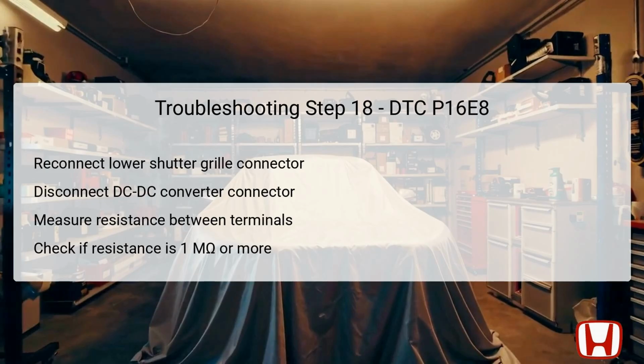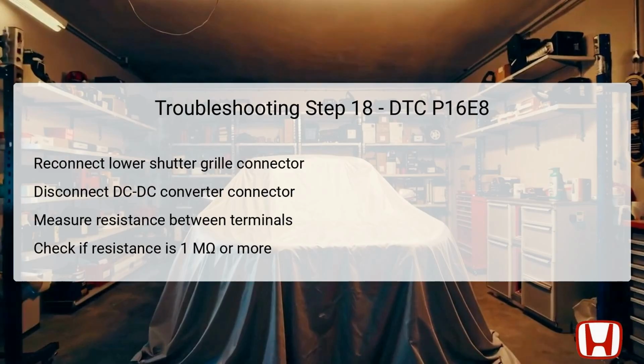At step 18, attention is redirected to the lower shutter grille after a reconnection of its 4P connector. The focus now involves disconnecting the DC-DC converter connector A for further resistance evaluation. Assessing the resistance between terminal number 1 of the converter and body ground is critical to ascertain that expectations for circuit integrity remain stable.